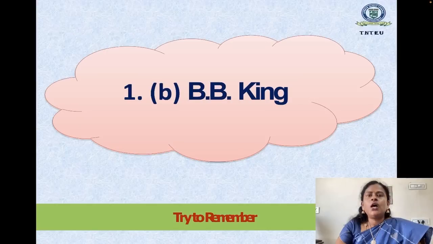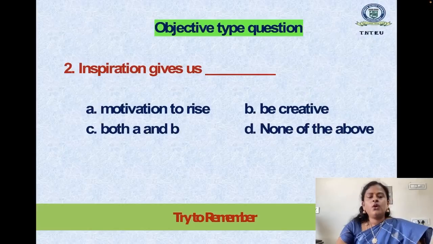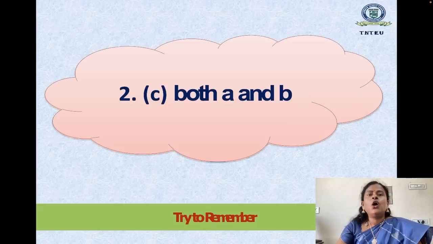The answer is option B, B. B. King. Question number 2: Inspiration gives us dash. Options: option A, motivation to rise; option B, be creative; option C, both A and B; option D, none of the above. Try to remember. The answer is option C, both A and B.